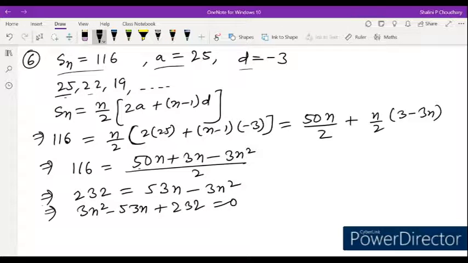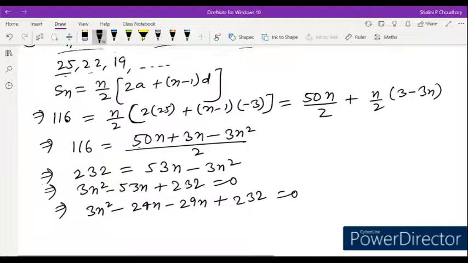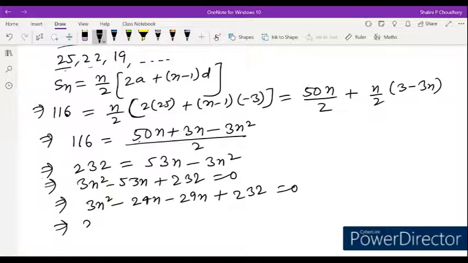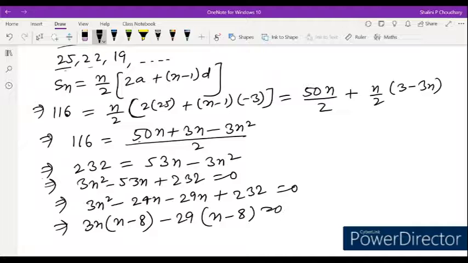Now 232 and 3 we have to multiply; 29 multiplied by 8 gives 232. So we write 3n square minus 24n minus 29n plus 232 equals 0. Now we take 3n common, we get n minus 8, and take minus 29 common, we get n minus 8, equal to 0.